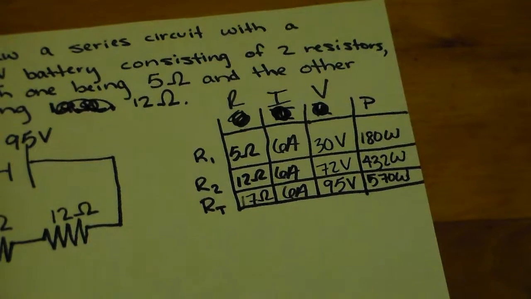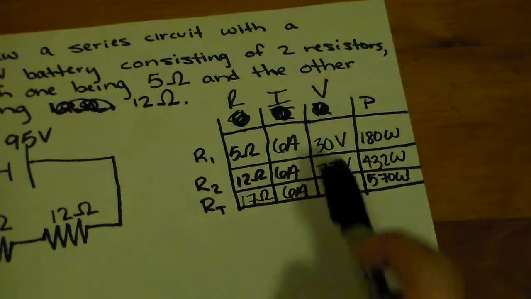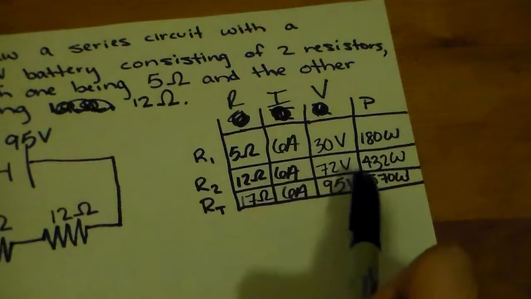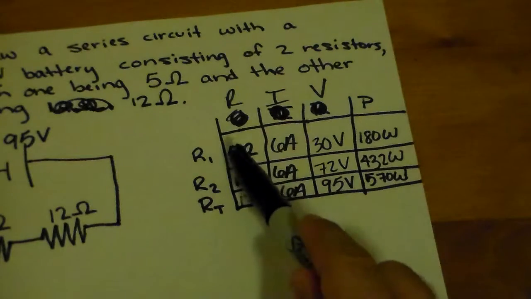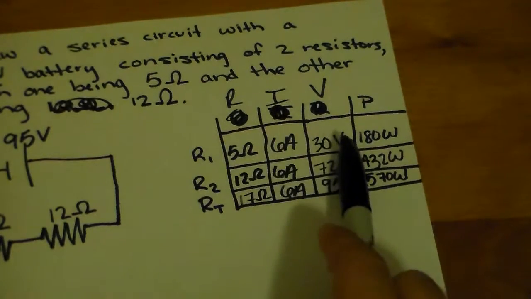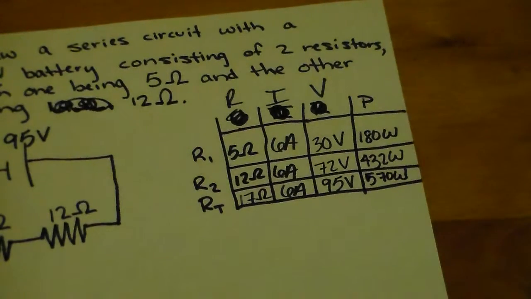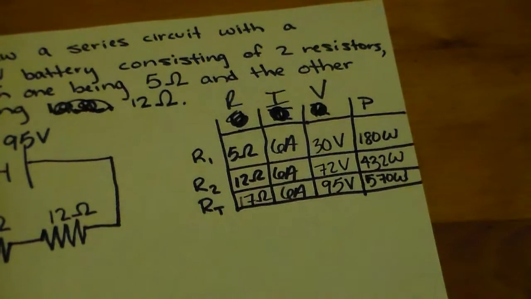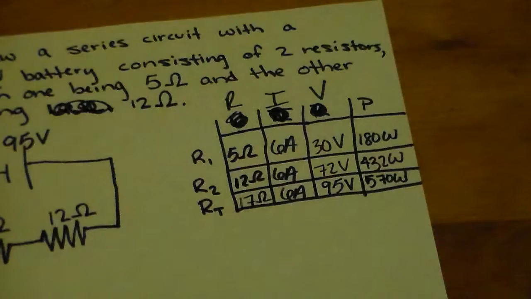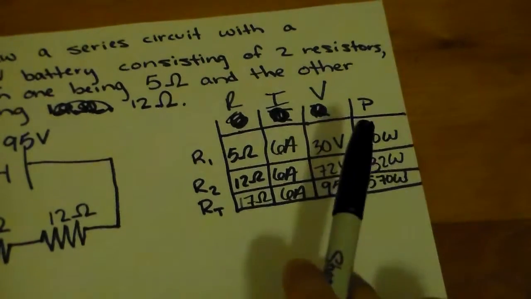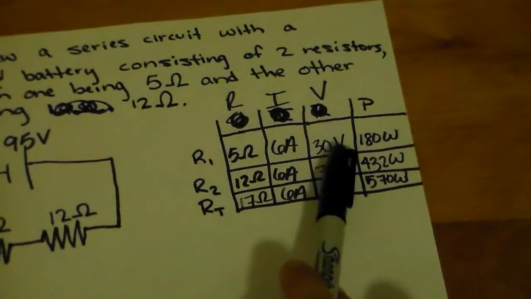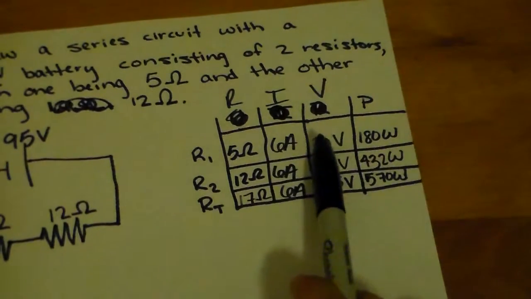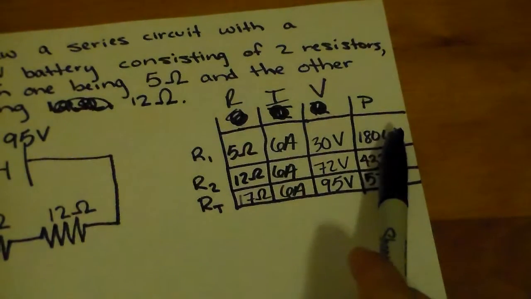So what I did was, I multiplied 12 by 6, and that got me 72 volts. And I did the same thing, but I did 5 times 6, and that got me 30 volts. So next, we did P equals IV, and 6 times 30 got me 180 watts.